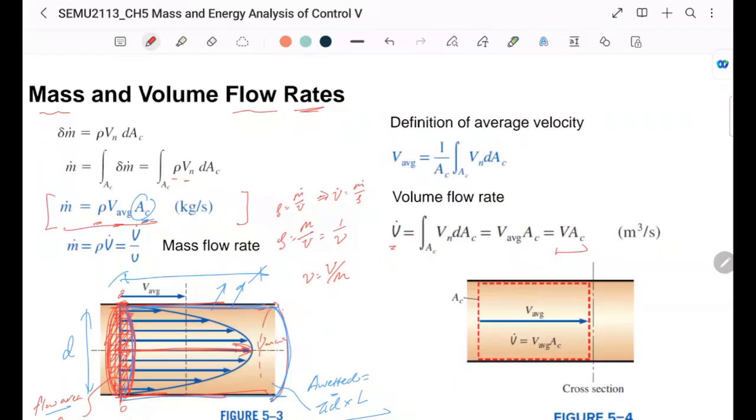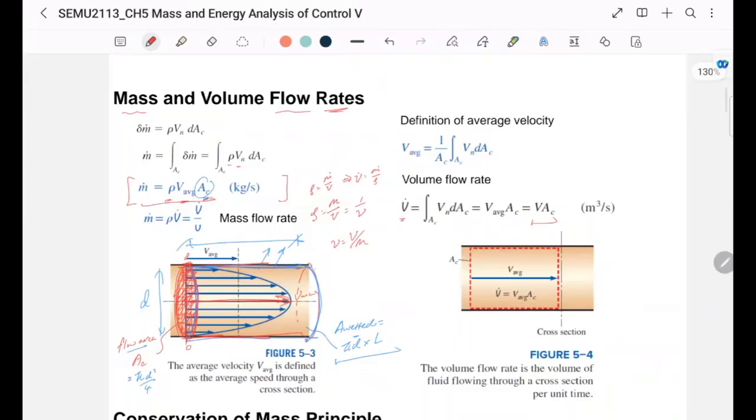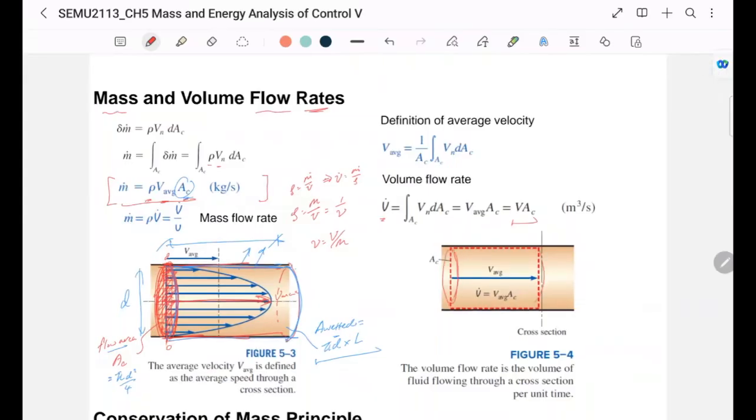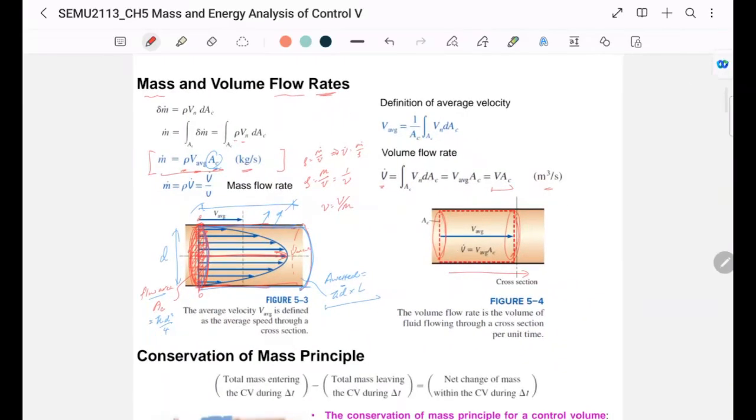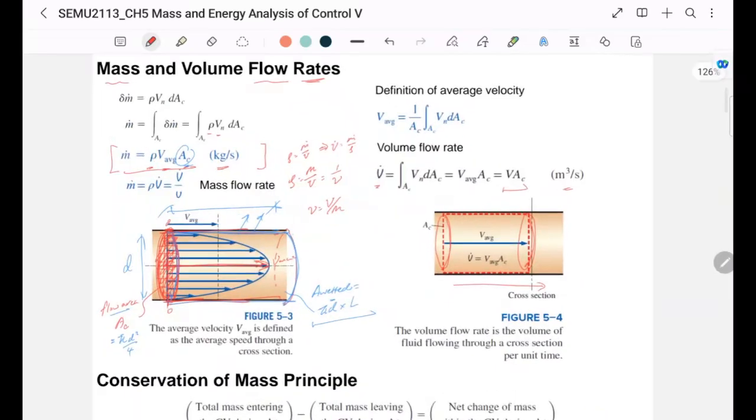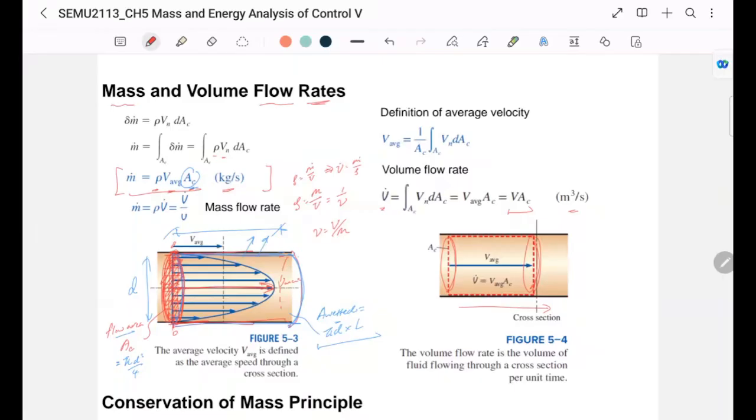Volume flow rate is basically how fast this volume of air is moving inside the pipe. So it's in meter cube per second, while mass flow rate is in kilogram per second. That's how we calculate the mass flow rate and the volume flow rate.